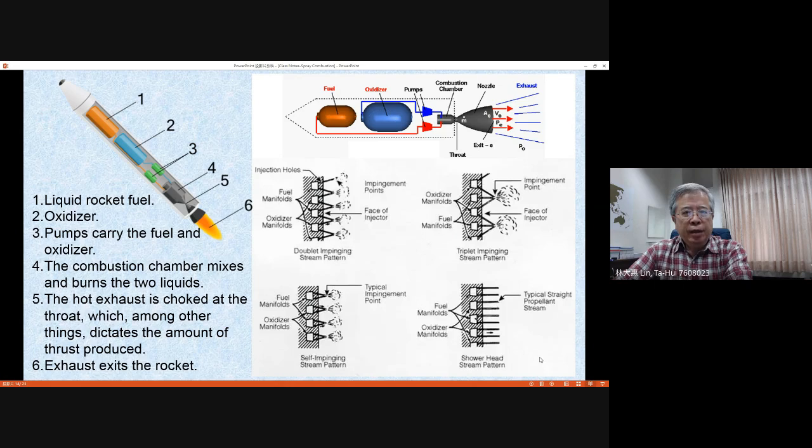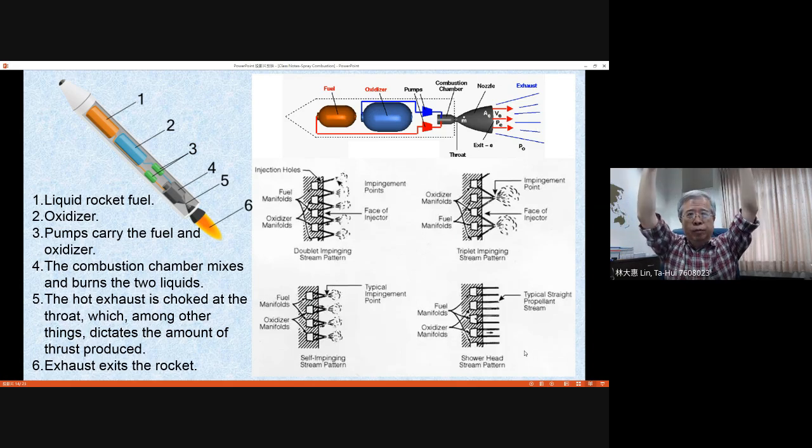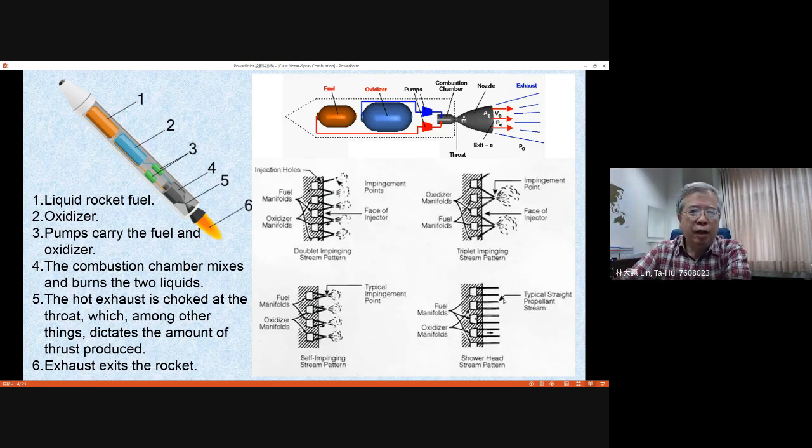And the final one is the showerhead. I think you can figure this out, because there is a showerhead in your washroom, a design for the shower, and it provides streams of water coming from the top, right? And they just come straight out. This is the showerhead stream pattern, just like this.